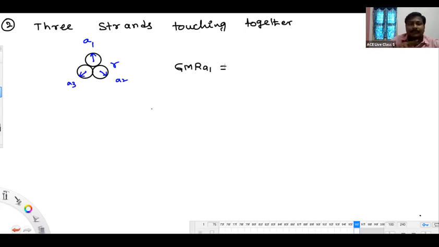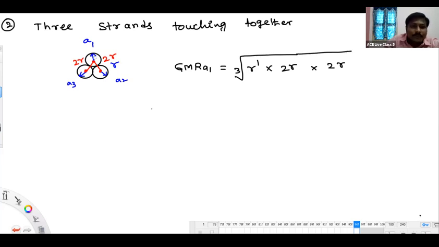First, self of A1, r dash. 1 to 2 will be 2r. A1 to A2 is 2r, A1 to A3 is also 2r. So the total of 3 terms will be under a cube root. So it is the cube root of r dash into 2r into 2r.